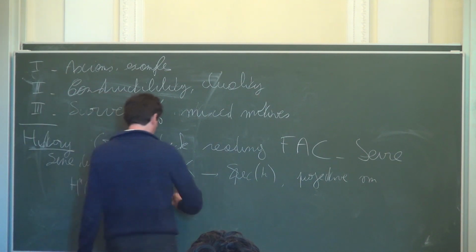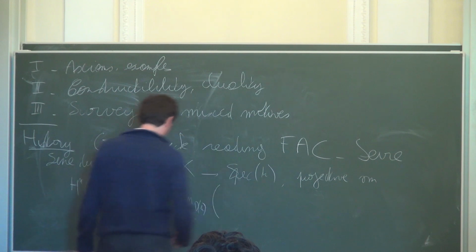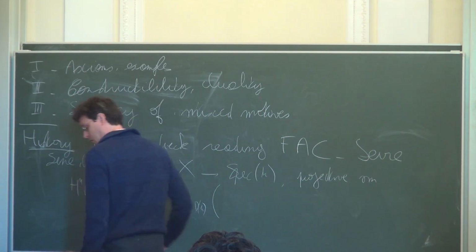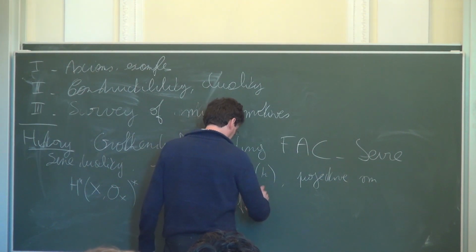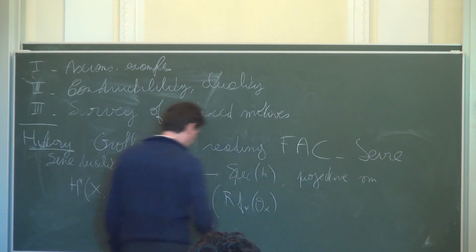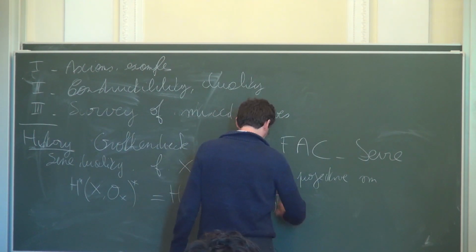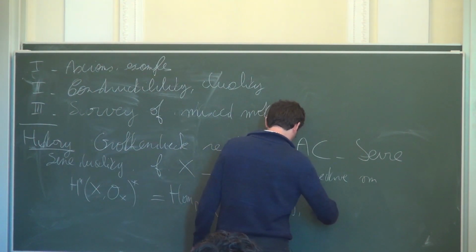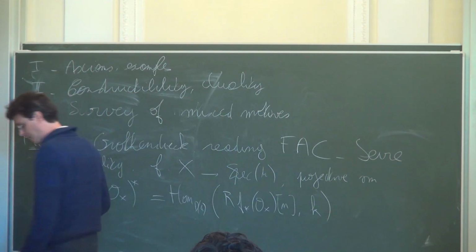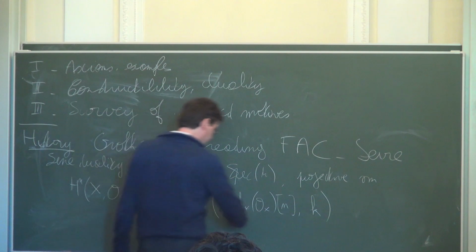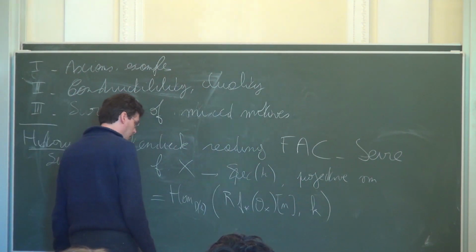This is nothing else than the Hom, in the derived category of K-vector spaces, of f lower star of the sheaf of rings O_X, shifted by n, into K seen as a space. This is usually the functorial interpretation of cohomology in the derived category.